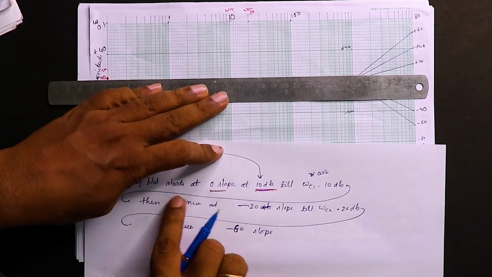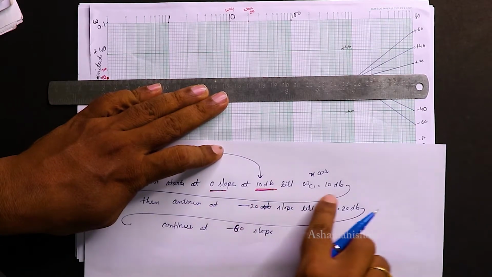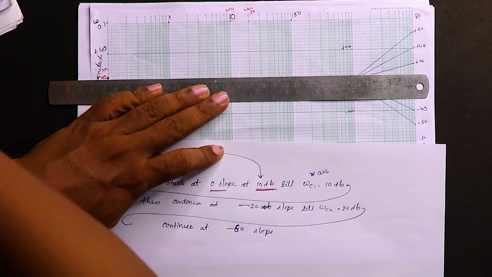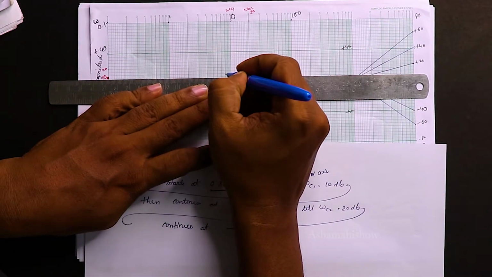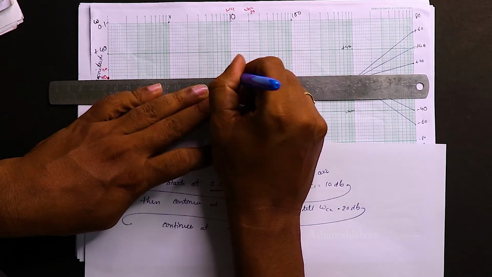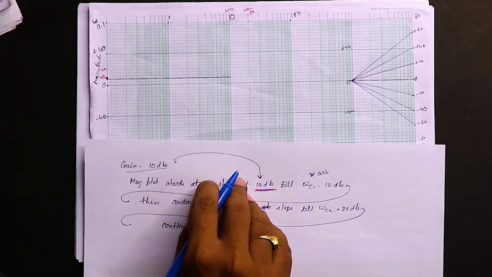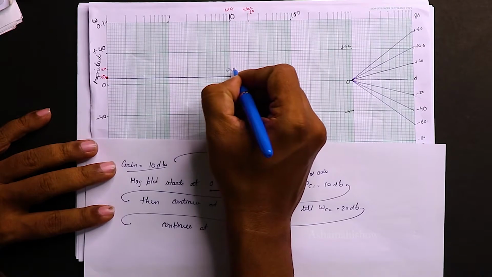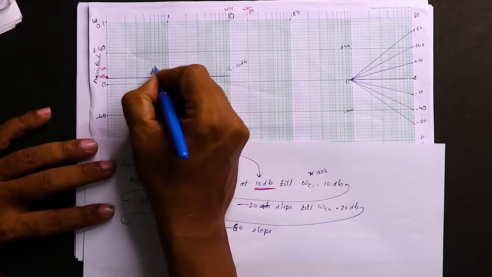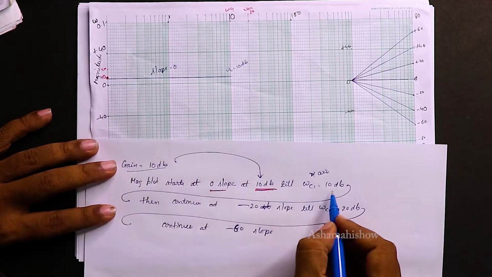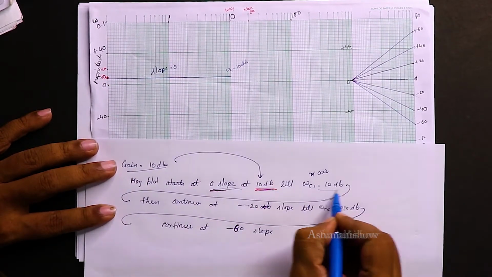So my magnitude plot starts at 0 slope till omega C1 at 10 dB. I'll make a point and I'll draw till here. So this is omega C1 at 10 dB and your slope is 0. This is the gain, so you take the gain as reference. With the 0 slope, I have reached till 10 dB.